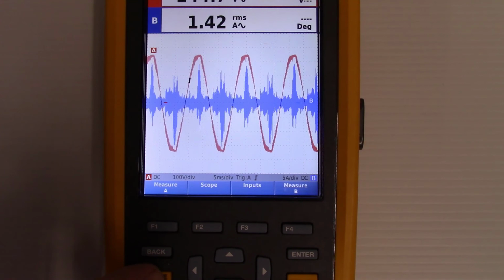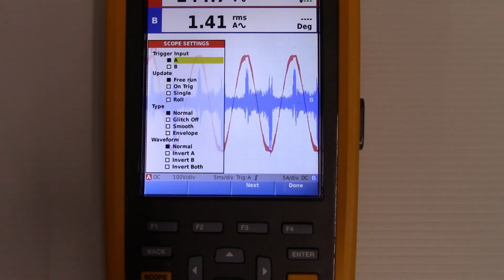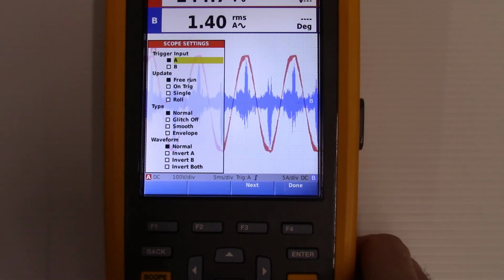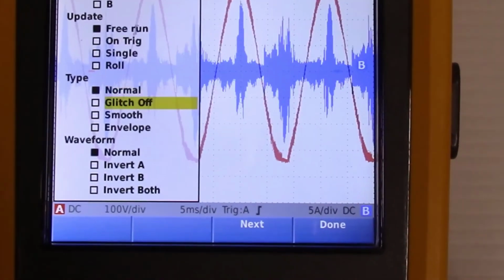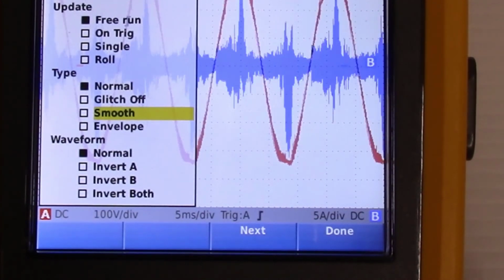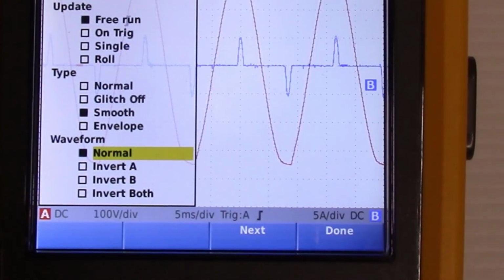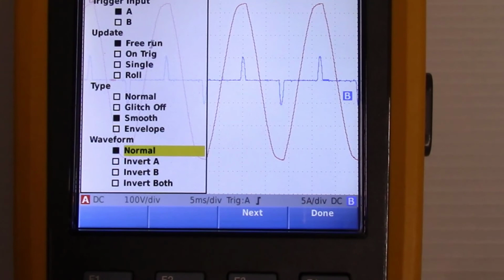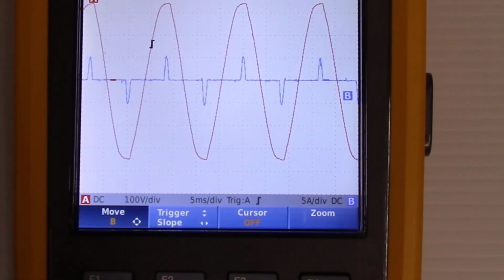So if I hit the scope meter and scroll down to the signal type, I can enter smoothing, and we can get a clear view of the waveform. And you can notice that the current waveform is fairly distorted.